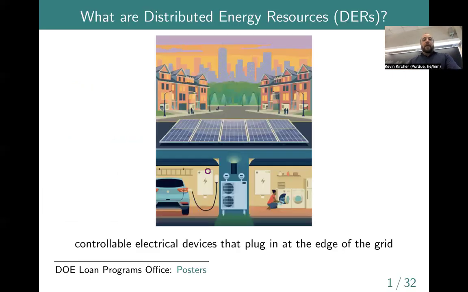So, diving in here, what are distributed energy resources? I'll give a few examples, but at least in my mind, DERs are electrical devices that plug in at the edge of the power grid.